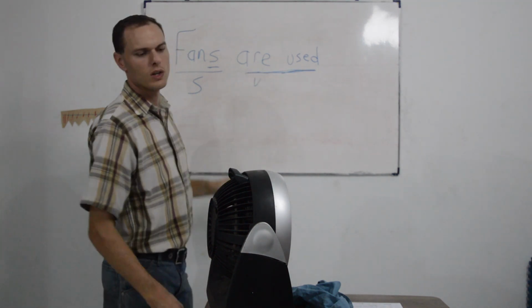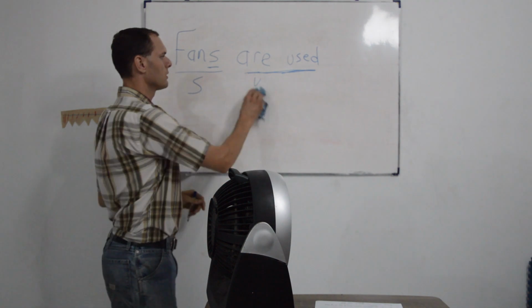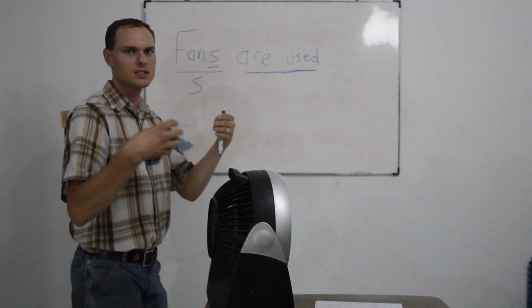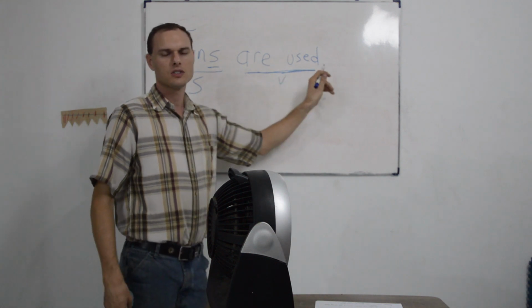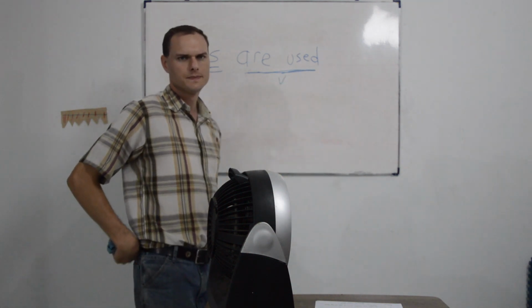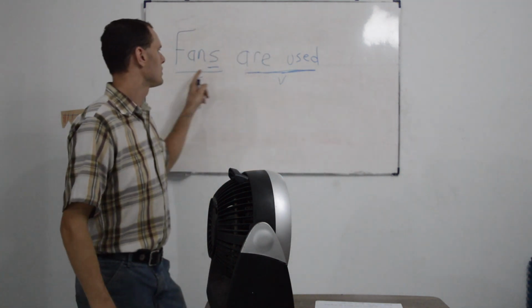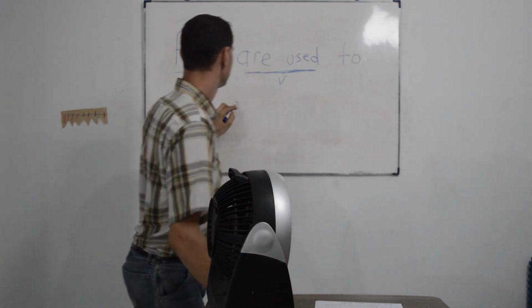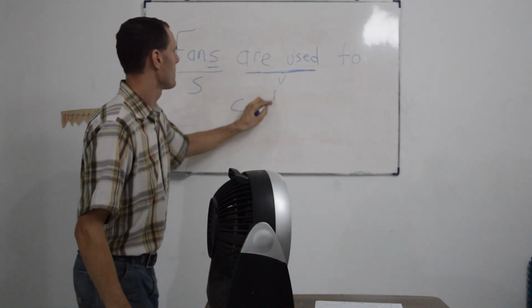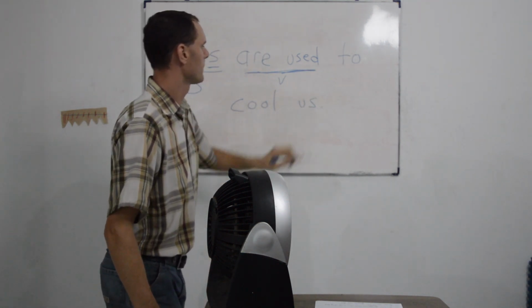So actually you have what is called a compound verb. Compound, it's two things coming together. Compound verb. That is your verb. The reason is because this is like passive voice. Otherwise, describing the subject. Fans are used to, let's say this, cool us.